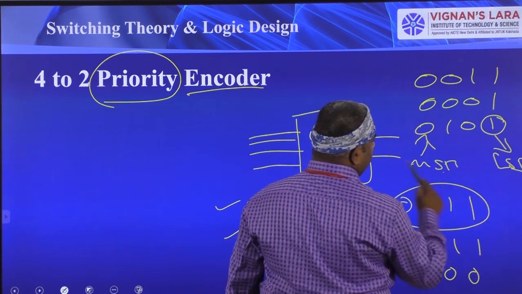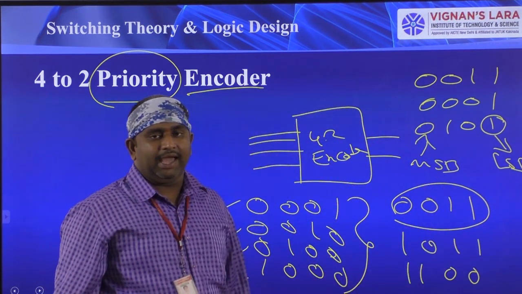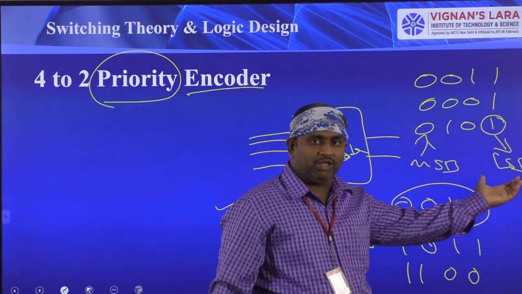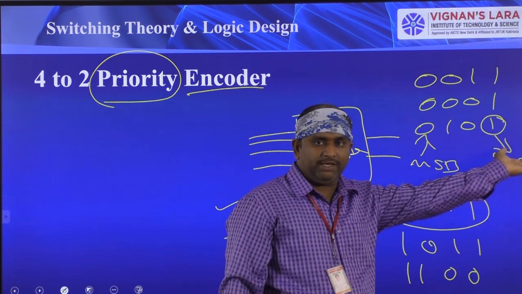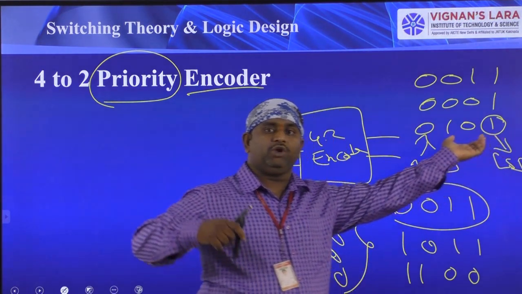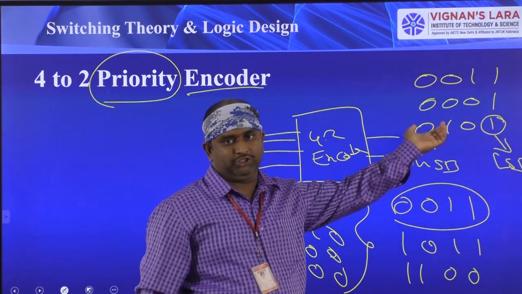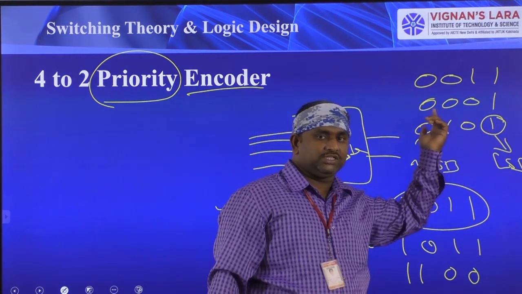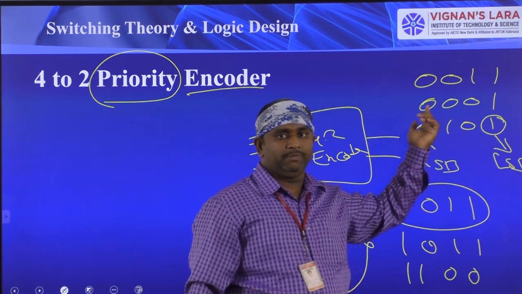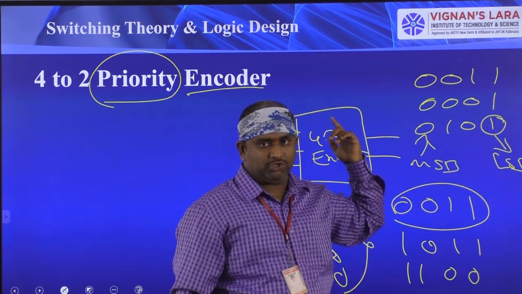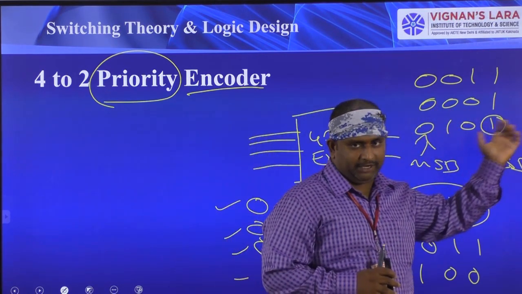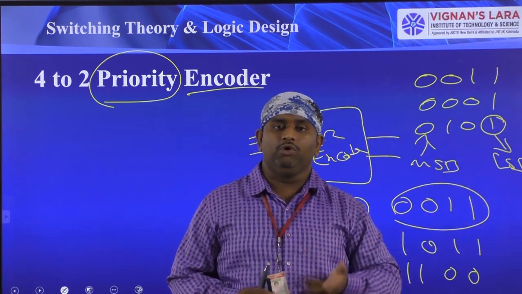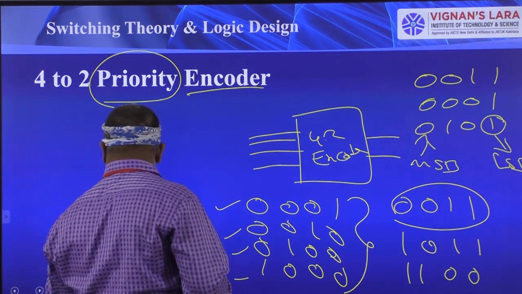This is the MSB, most significant bit. You have to take the preference from the LSB. If LSB is equal to 1, automatically you have to take that one output combination. If LSB is equal to 0, then check the next bit from the LSB. That means you have to come from the last bit. Whichever least significant bit is equal to 1, automatically you have to put that as the output.